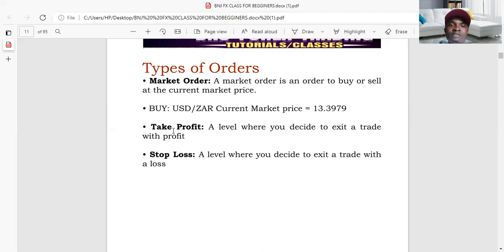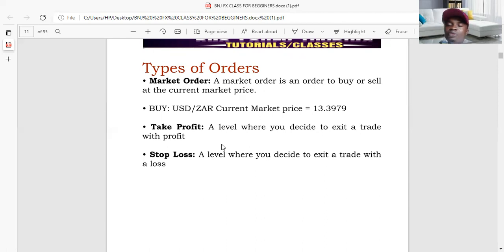So the next we'll have is take profit. Remember, we are trying to see types of order. We've treated market order. We also want to treat take profit: a level where you decide to exit or take a trade with profit.